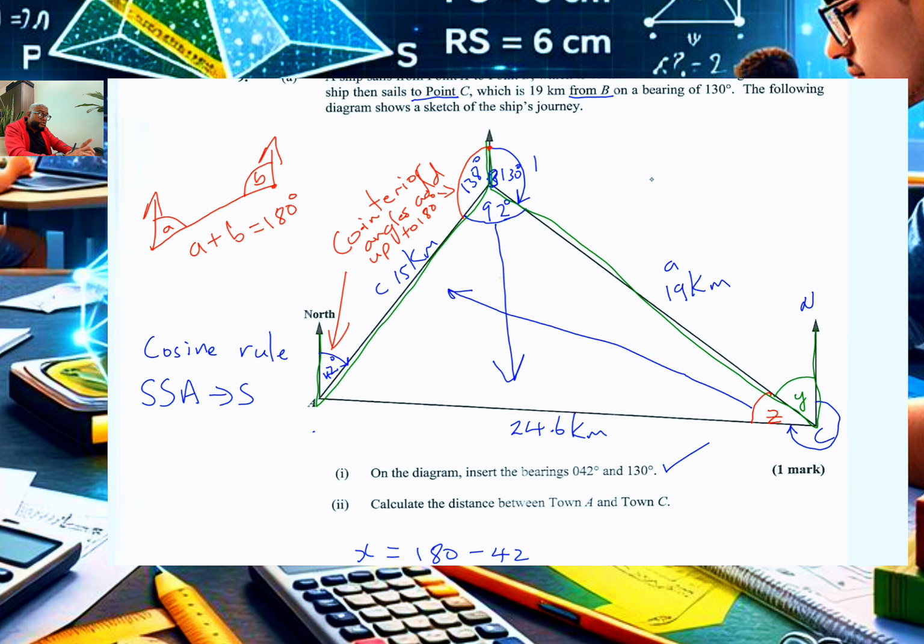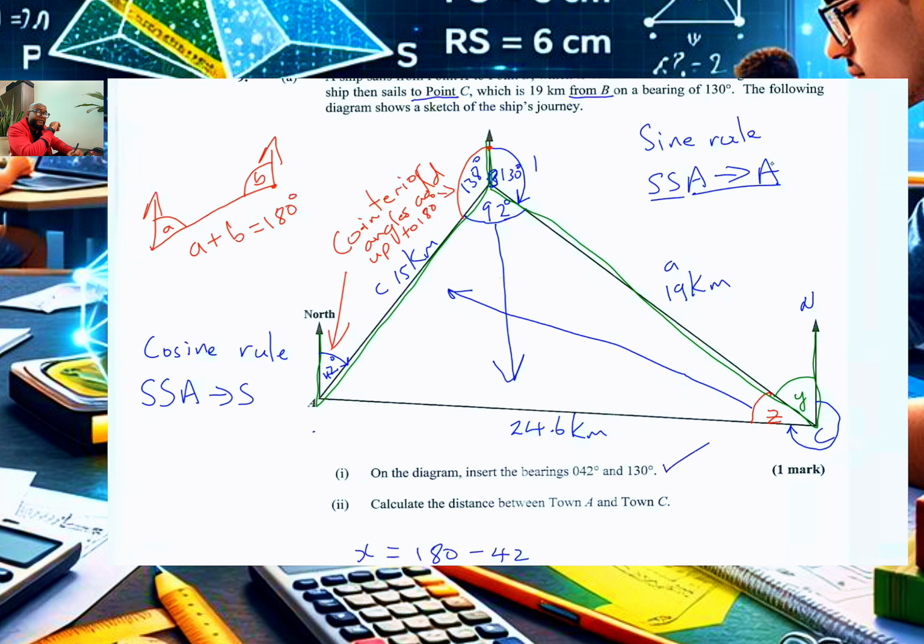I have two sides, one angle in each pair, and I want to find another what? Angle, right? So once you're dealing with pairs, watch, pairs. Two sides, one angle, you want to get another angle. This is sine rule.